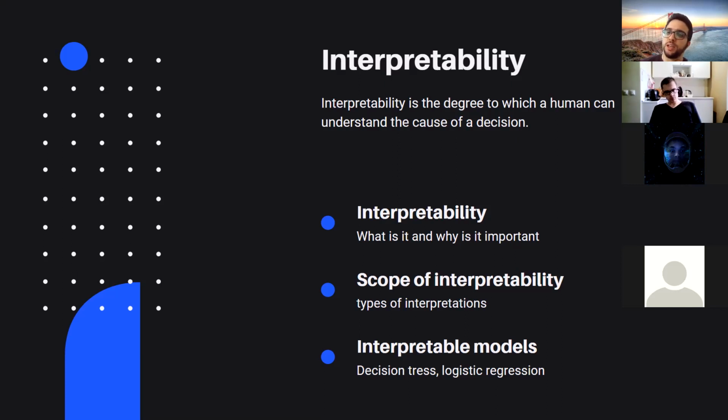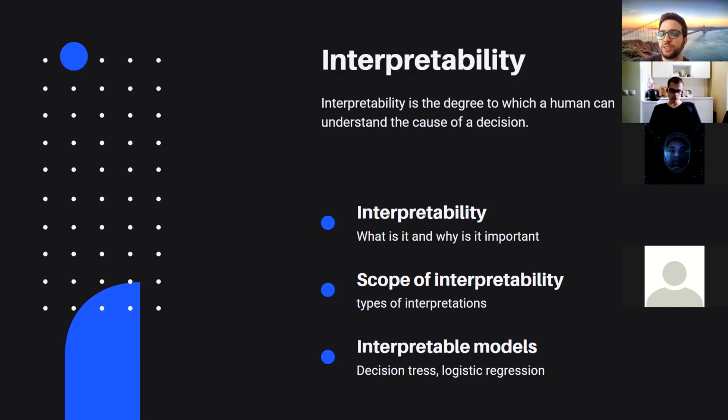Why did the model make this decision? If it's an image, probably the doctor would like to see where exactly inside the image the model saw the cancer. Or if it's in their medical history, can the model provide a small list of conditions?